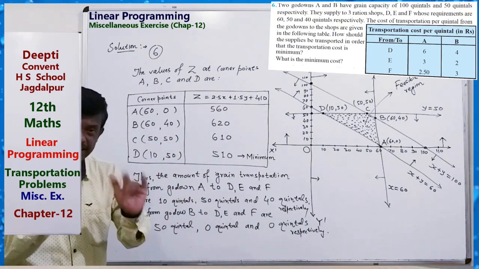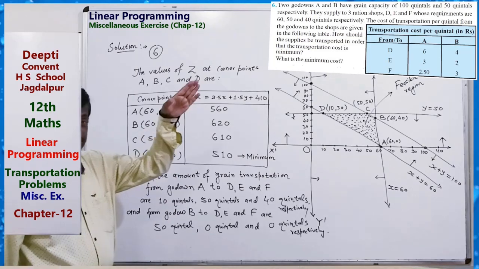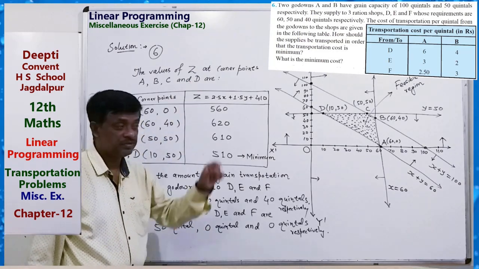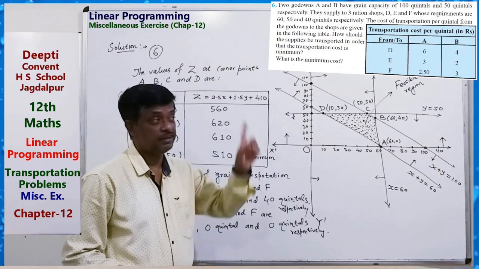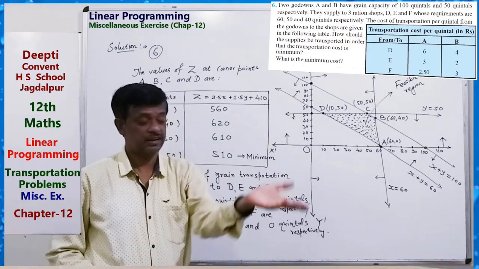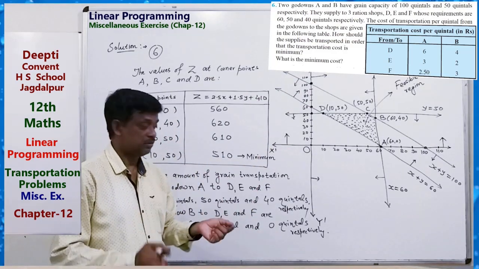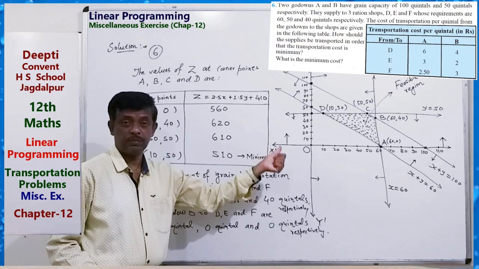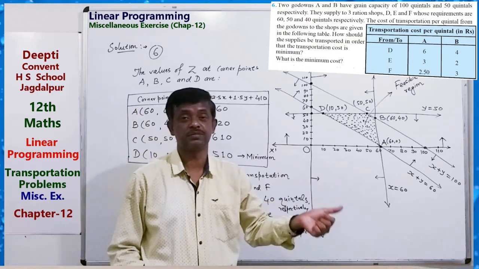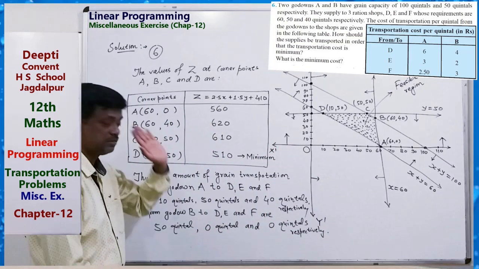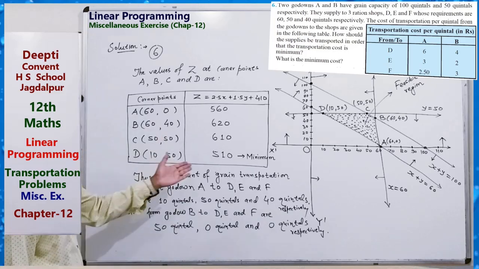These are the quantities. You can find these values by seeing the diagram where x, y, 100 minus x minus y, and the quantities 60 minus x, 50 minus y, and 60 minus x minus y.